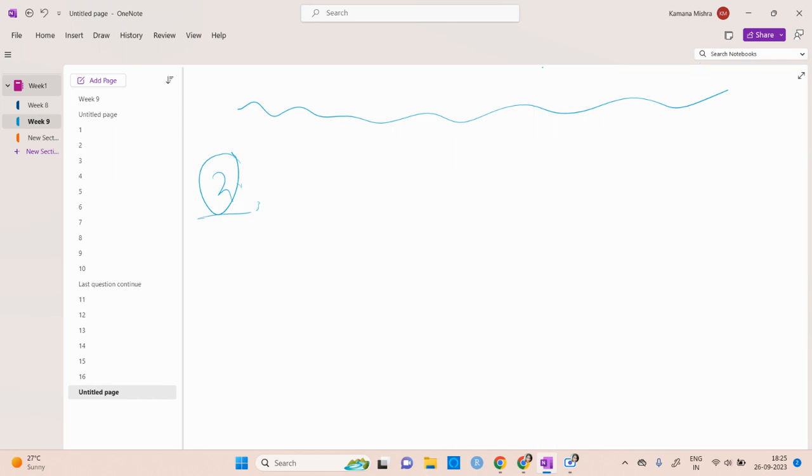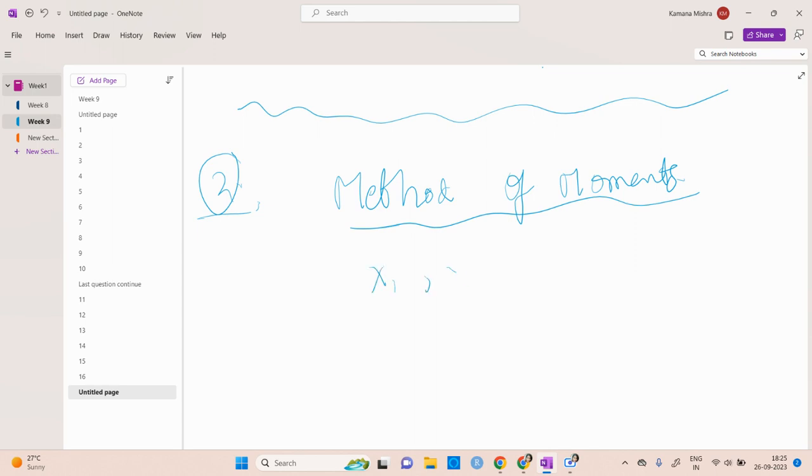Now next is what is called the method of moments. We have some sample, let's say x1, x2 up to xn, and it follows some distribution p theta cap, where theta cap means theta 1, theta 2 up to theta k.